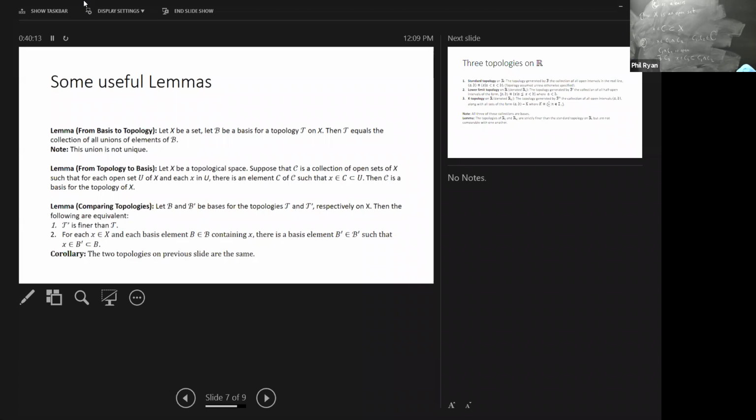Exactly, right. We've got it as a topological space. So remember when we talk about a topological space, there's the set X, and there's also T that goes with it.